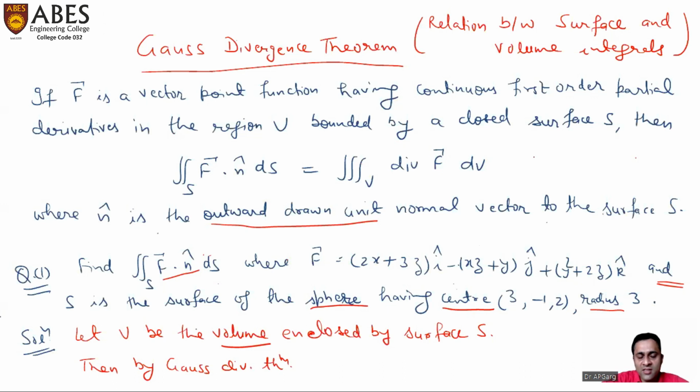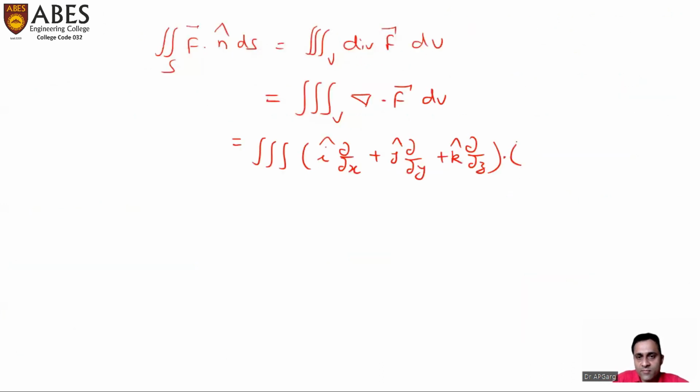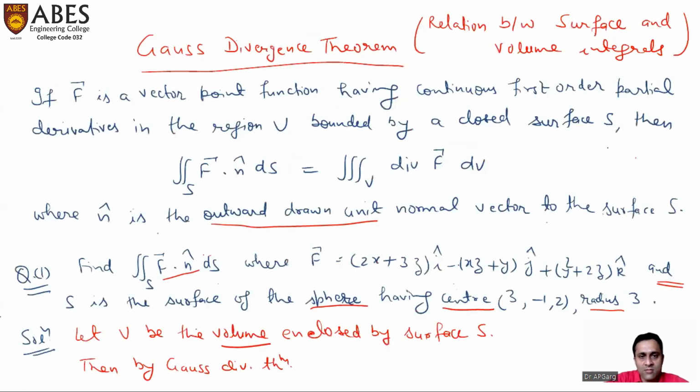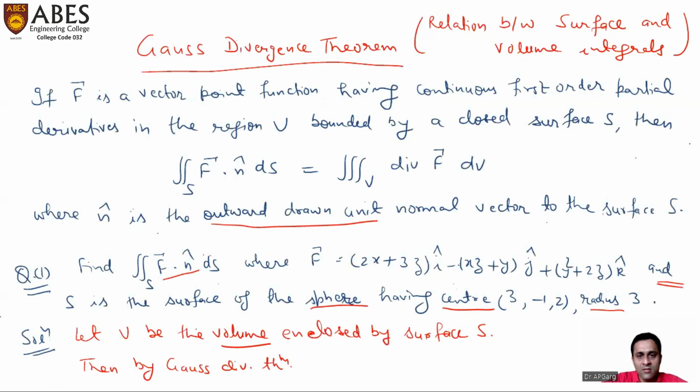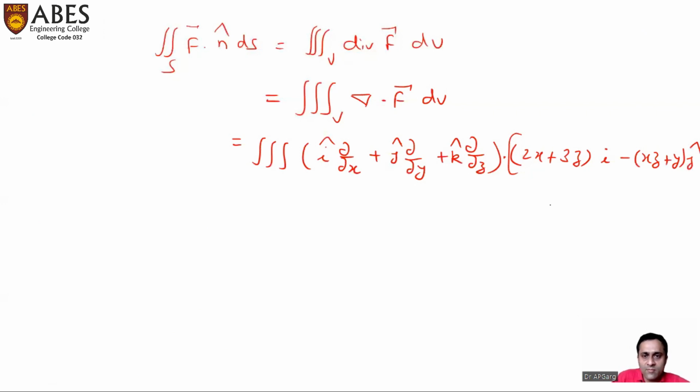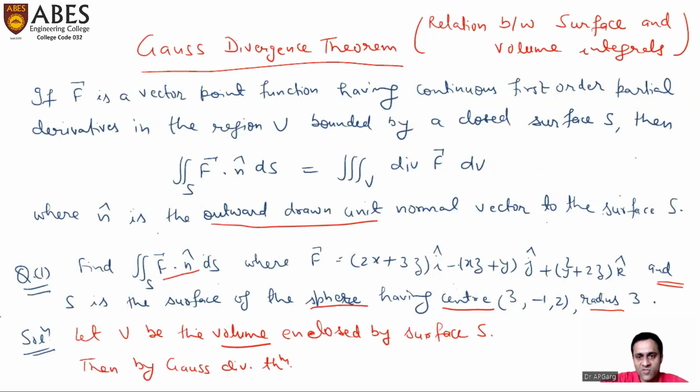Now f is defined by (2x plus 3z) i minus (xz plus y) j and then (y square plus 2z) k, where i, j, k are again unit vectors along x, y, z.